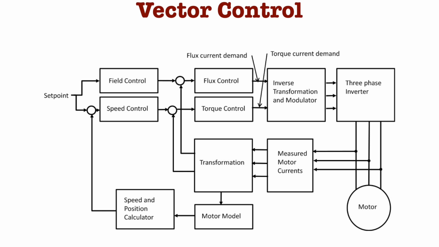The main advantage of vector control is its ability to maintain optimal performance throughout the motor's entire operating range, thus maximizing its efficiency. However, implementing vector control can be complex as it requires detailed modeling of the motor and its response to achieve the right setting for the control algorithms.